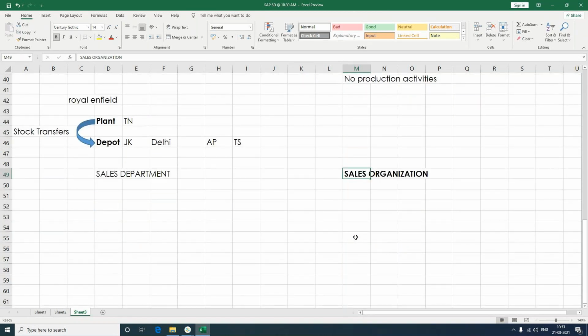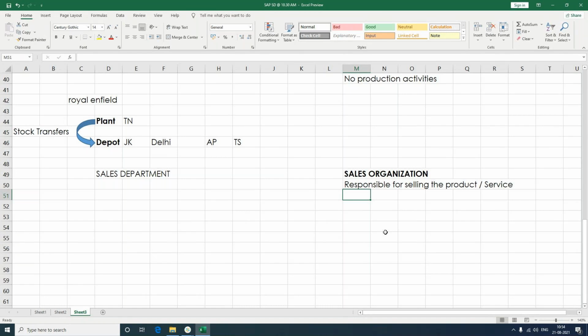Now what will the sales org be doing? They are responsible for selling the product and, after sales, they provide service. So we call it a sales organization.